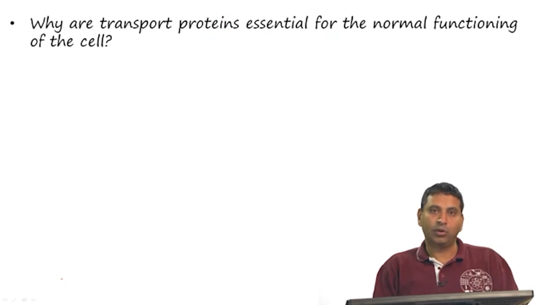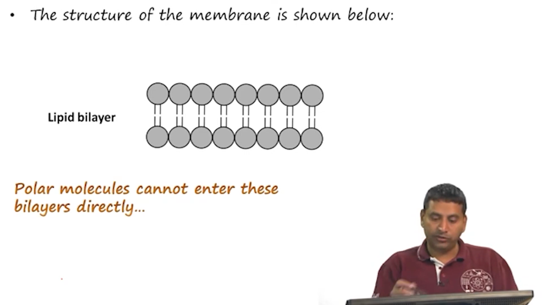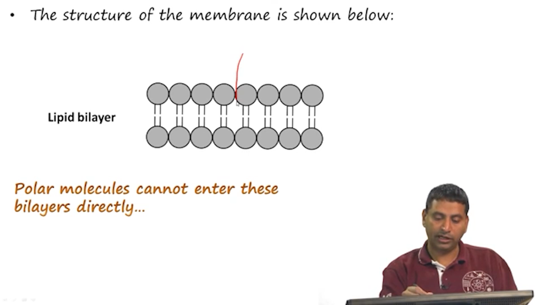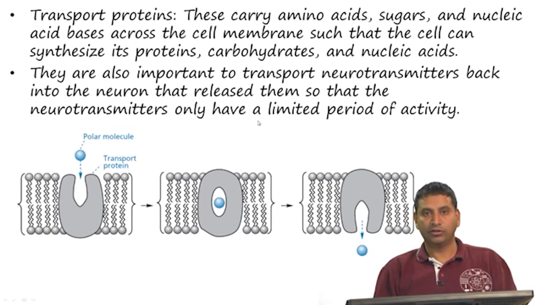The next question is, why are transport proteins essential for normal functioning of the cell? So, we have already seen this, the structure of the lipid bilayer is shown below, and now polar molecules, as we discussed earlier, cannot enter because they do not get into the hydrophobic surface. So, in order for this to happen, as we have looked at in the previous case of adrenaline, the transport proteins can act as carriers.